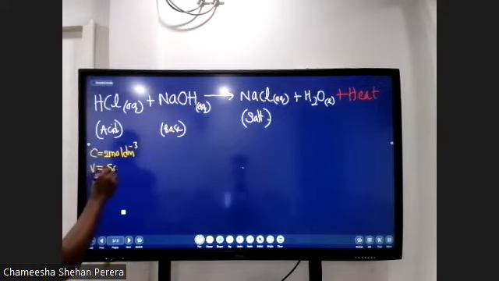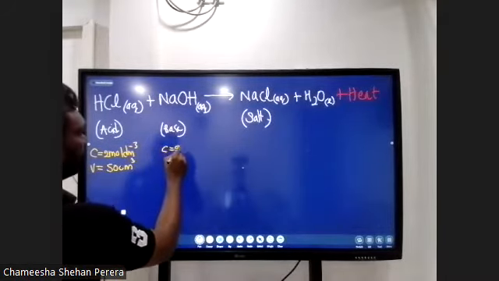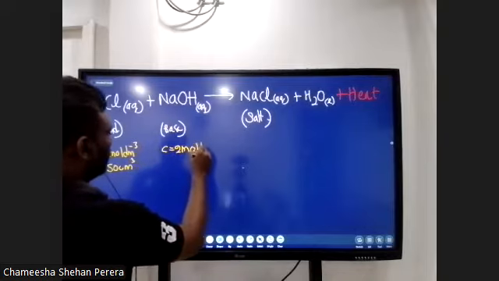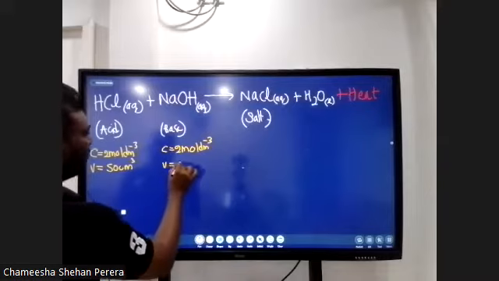We use sodium hydroxide with a concentration of 2 moles per decimeter cube. I hope you can remember the concentration. And then a volume of 50 centimeter cubes.